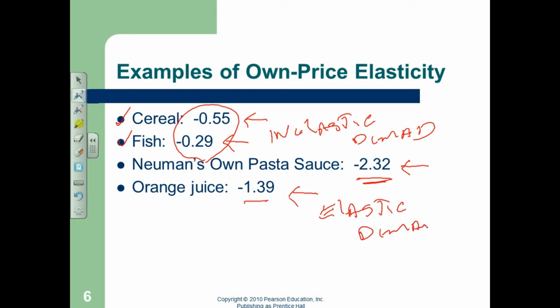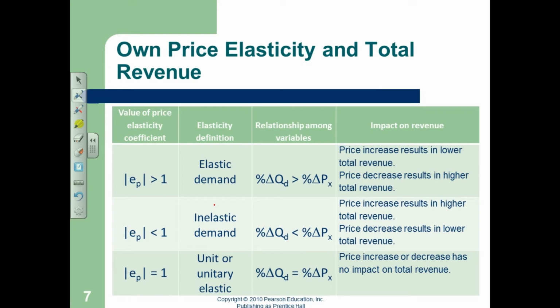That means it is more responsive to price changes. For these two, Newman's Own pasta sauce and orange juice, they're more responsive to price changes than fish would be or cereal. So what does that elasticity do to your revenue?